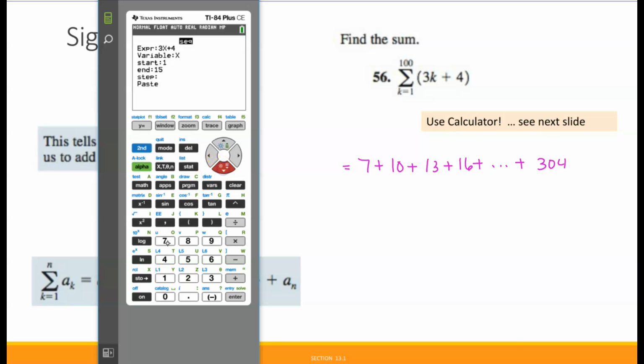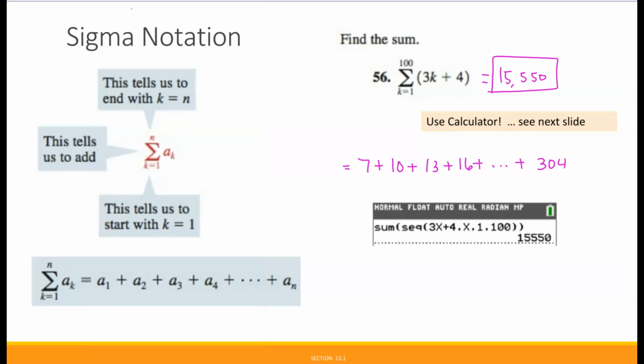Our stop is 100. We'll close out the parenthesis for the sequence command. That was done for us. We'll close the parenthesis for the sum command and add all this up. And we end up with 15,550.